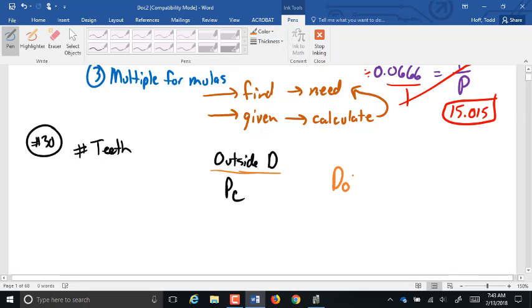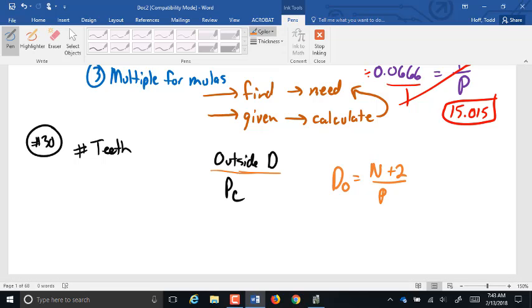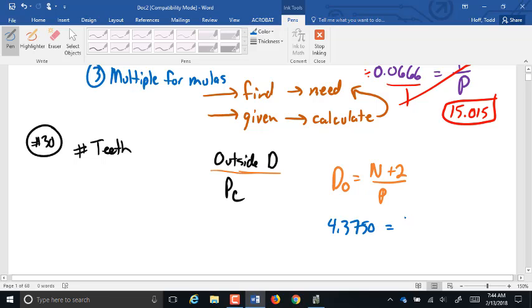DO equals N plus 2 over P. So the DO was what? 4.3750. N is what we're looking for. What was P? Oh, so we can't use that one. P is pitch. We've got circular pitch. So that formula ain't going to do it for us.